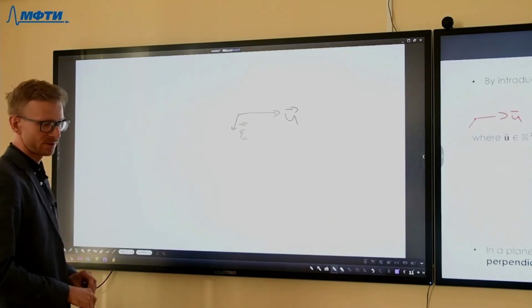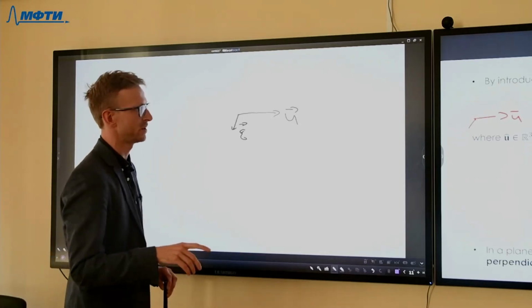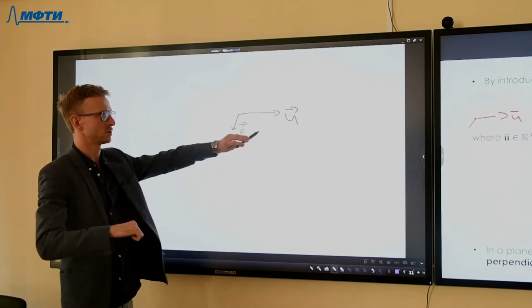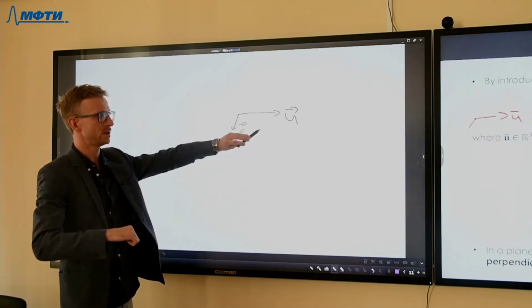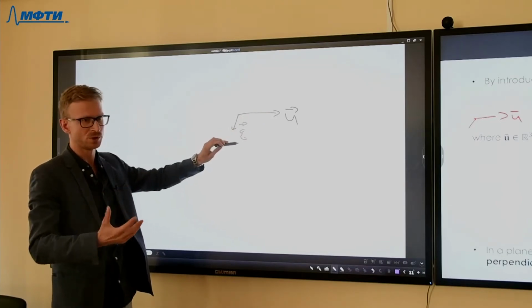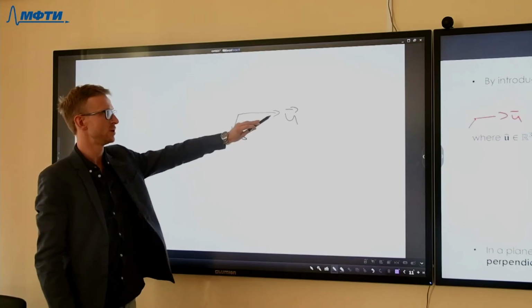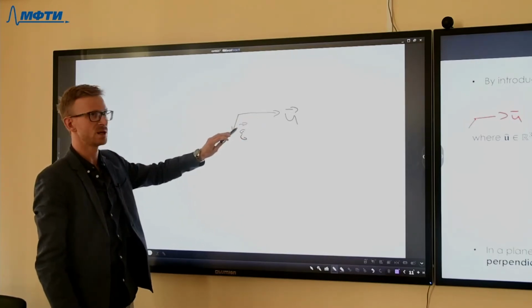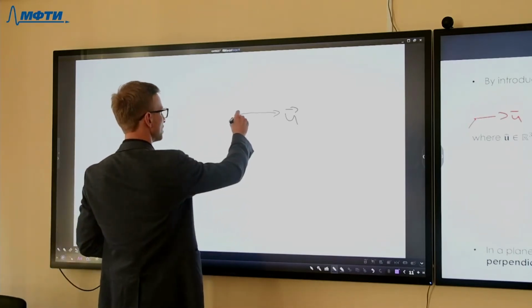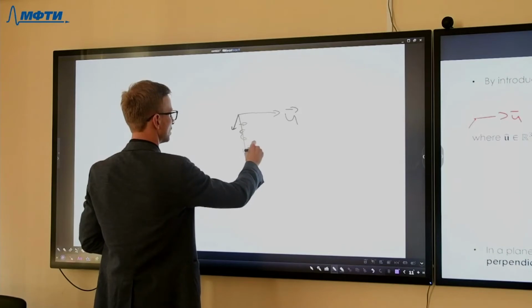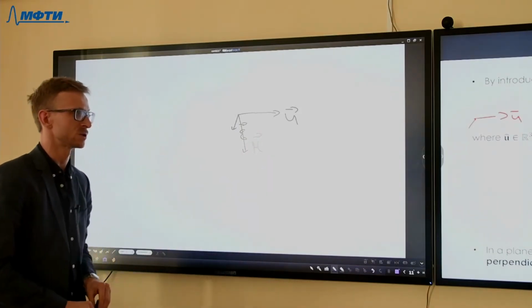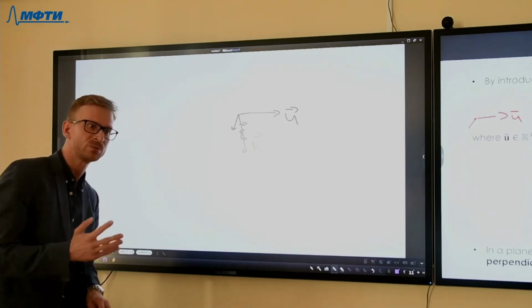That means that H must be directed in such a way that if I look from the direction of H onto these two vectors, then according to the rules of the cross product, the rotation from u to E must be done counterclockwise, right? So H must be directed this way. So this is a right-handed vector triplet in a medium with positive permittivity and permeability.